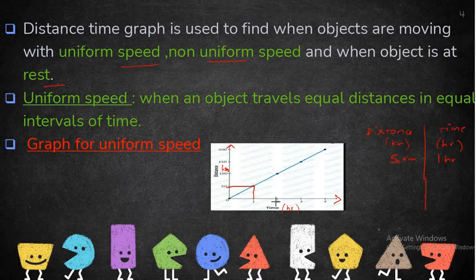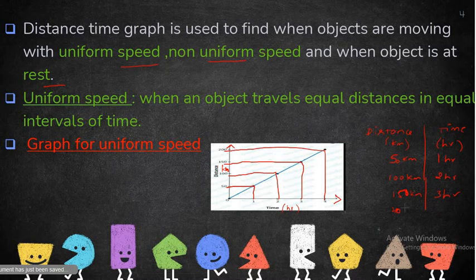Next, for 2 hours, how much is it covering? It is covering 100 kilometers. For 3 hours, it is covering 150 kilometers. For 4 hours, how much is it covering? It is covering 200 kilometers.